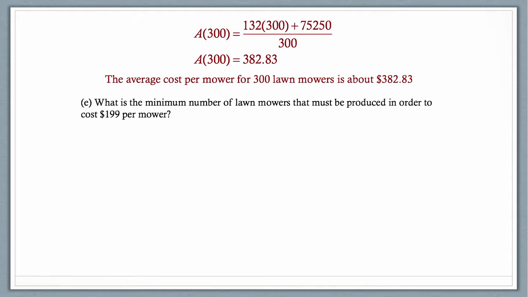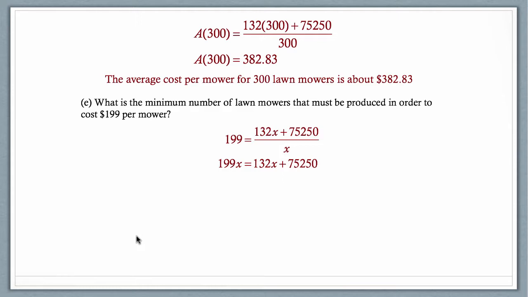Lastly, we're asked, what is the minimum number of lawnmowers that must be produced in order to cost $199 per mower? So here we're setting the average cost, A(x), equal to 199. This is a proportion, so I could cross multiply. I get 199x is equal to 132x + 75,250.